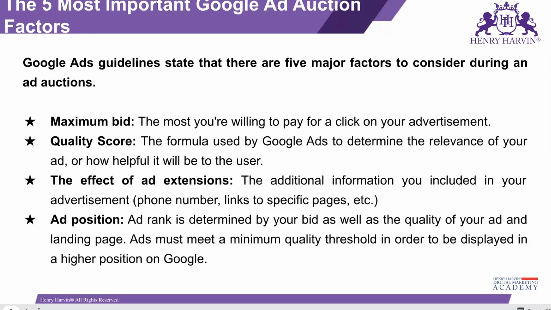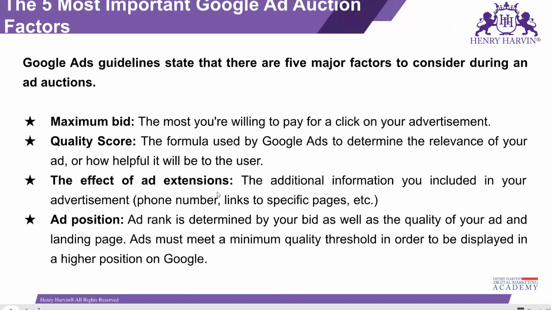The ad rank of the person below you, divided by your quality score, and then added to 0.01. This is the formula through which the price you will pay for a particular CPC is calculated. Very simple. Ad rank of the person below you divided by your quality score, and this result is added to 0.01.